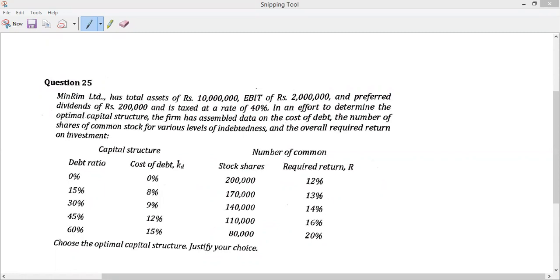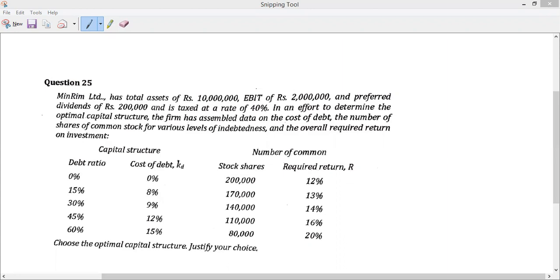And now what do you do next? Have you calculated the value of the firm yet? No. How to calculate? Can you tell me how to go forward? If you have net income and overall cost of capital, how to calculate the value of the firm?